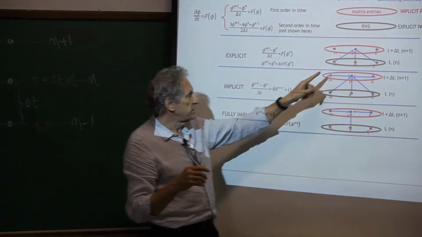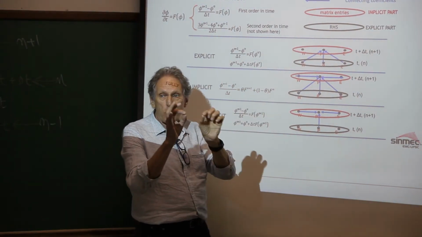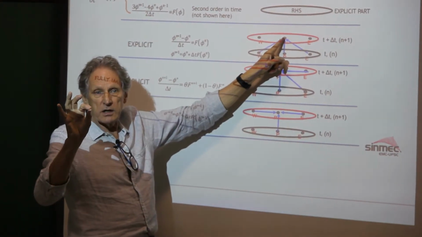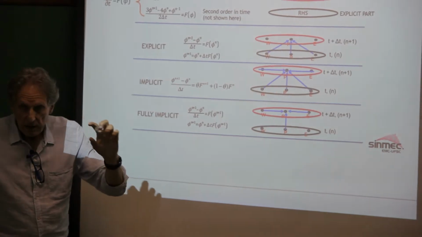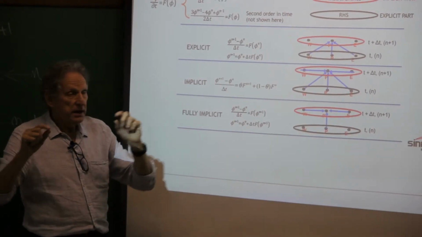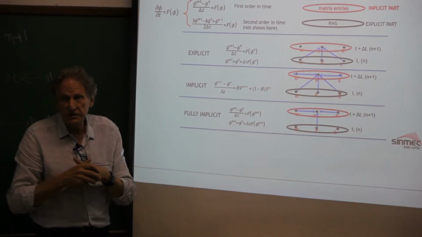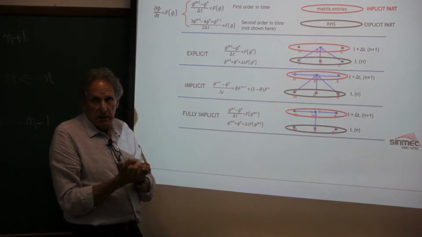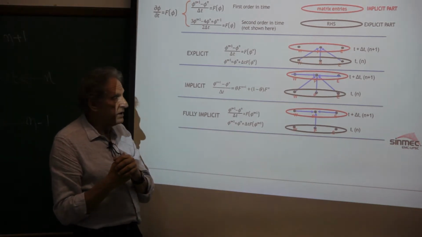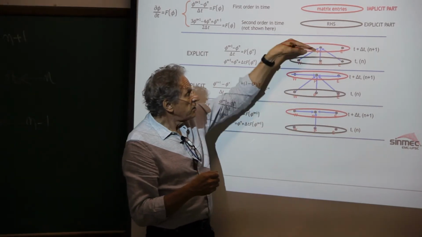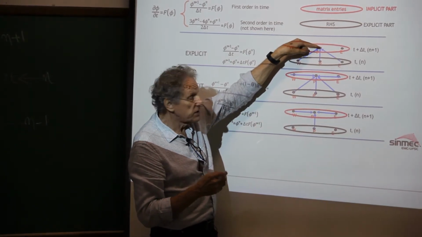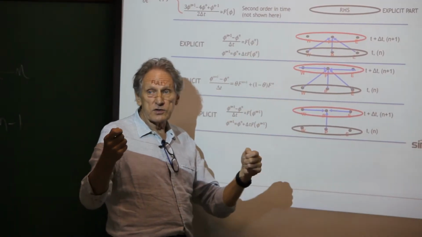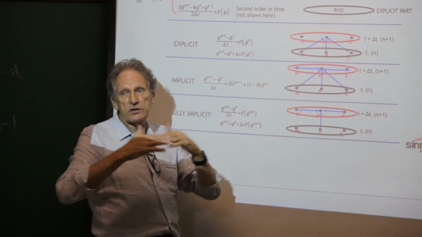The stencil here is like that. You have no connection. This is your unknown, right? Every unknown has its equation. In the explicit case, you have no connection between neighbors at the same time level, so this is explicit.